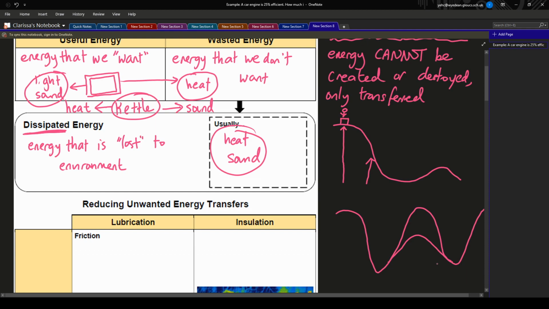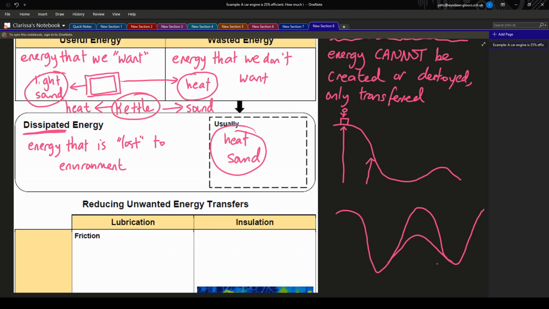Same thing as if you have a tennis ball that you're bouncing. When you drop a tennis ball, it bounces up. And then it bounces and it bounces and eventually it just stops bouncing and it's on the ground. The reason why that happens is because with each bounce, that tennis ball loses a little bit of its energy as heat when it hits the ground and as sound when it hits the ground.